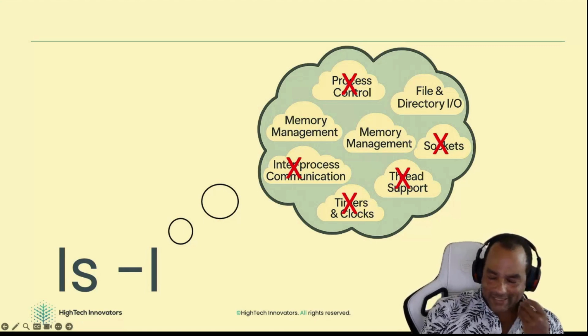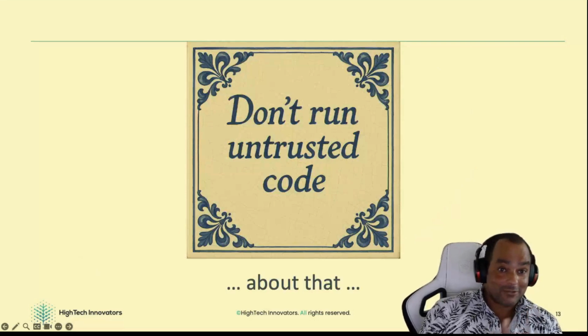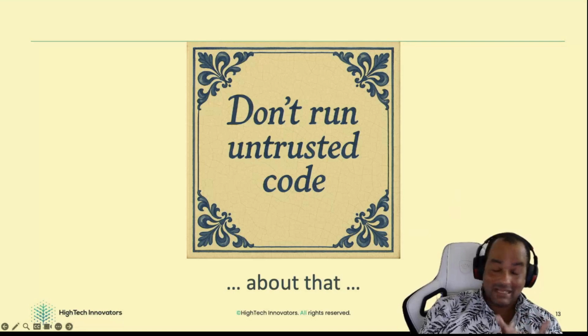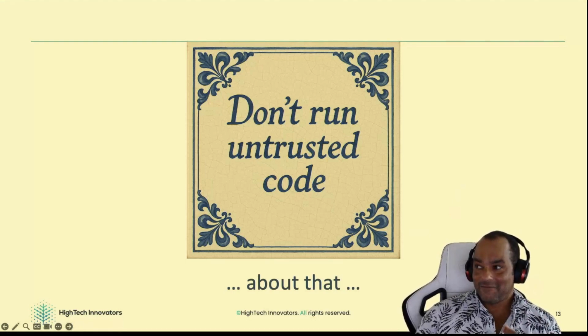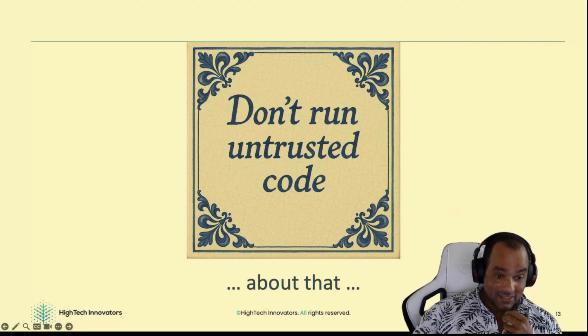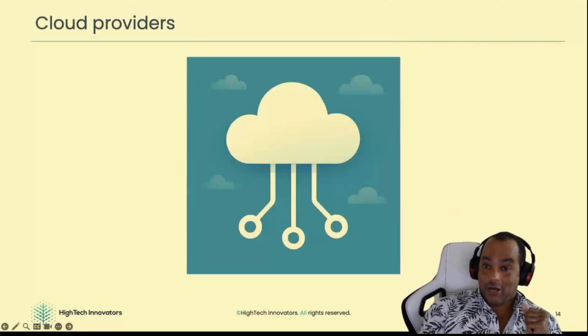For that, we get the wisdom we all have as backend engineers that we should not run untrusted code, that we should know what we are running. Its value is obvious, but it's also kind of useless because we do it all the time in some sense. Especially, for example, cloud providers. That's their job.